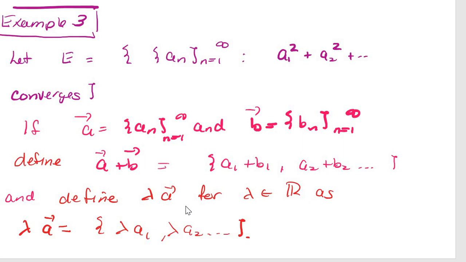And each vector is an infinite sequence. So what's an example of a vector that belongs in there? Because you're going to ask me. This one belongs in there, because the square sum is 1 and it converges.